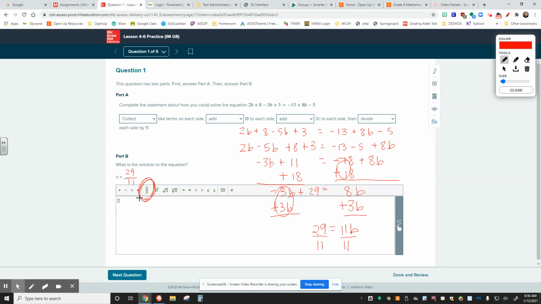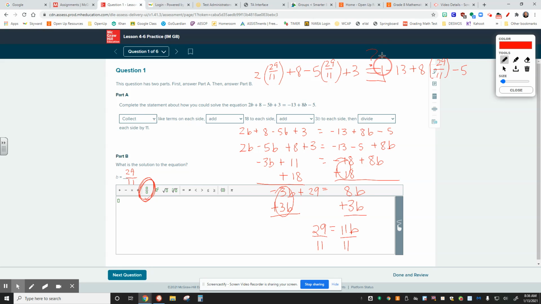Before you get all done, I want you to go back and substitute. Use your calculator, substitute back in 2 times 29 elevenths plus 8 minus 5 times 29 elevenths plus 3, and find out if that's really equal, if it's really a true solution to negative 13 plus 8 times 29 elevenths minus 5.